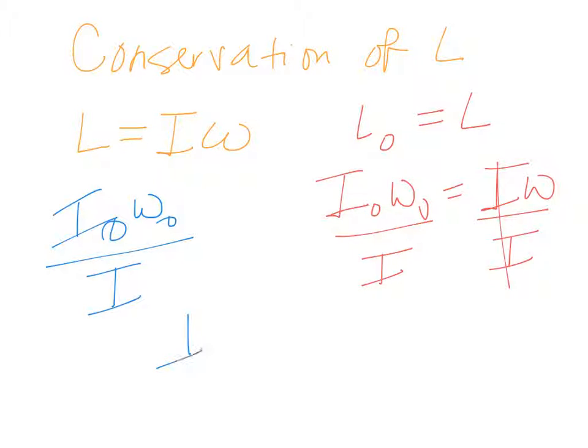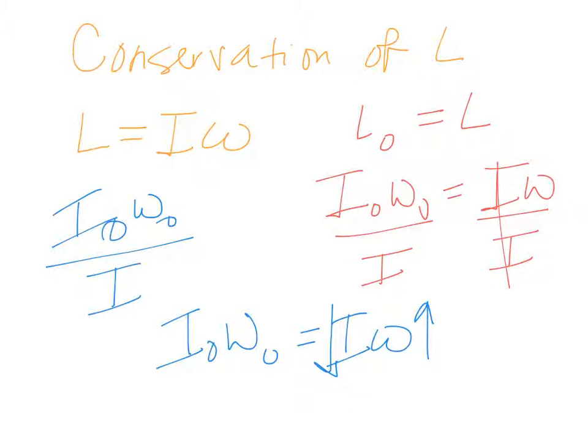Because if I naught omega naught equals I times omega, then if I halve this value, this is going to have to double in order to stay the same momentum, and that's why she gets faster. Ballet dancers do the same thing, and they use their legs and their arms as well, except they're not on ice, they're on their toes, and so there's a little bit more friction involved. They won't spin as fast, but pretty fast as well.